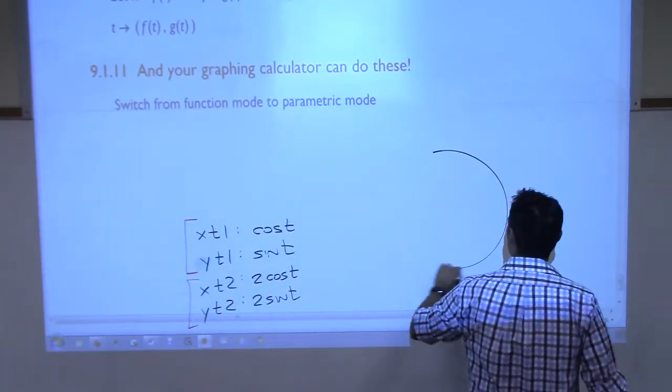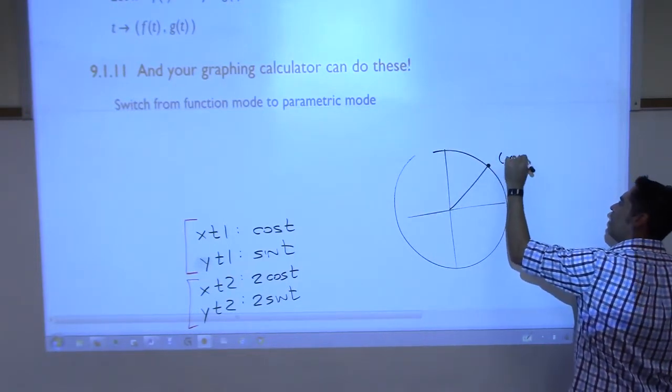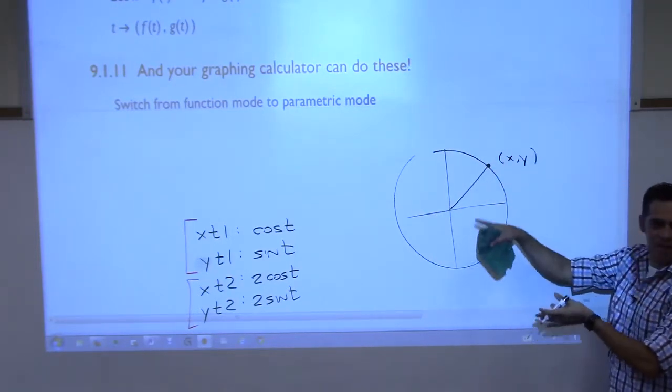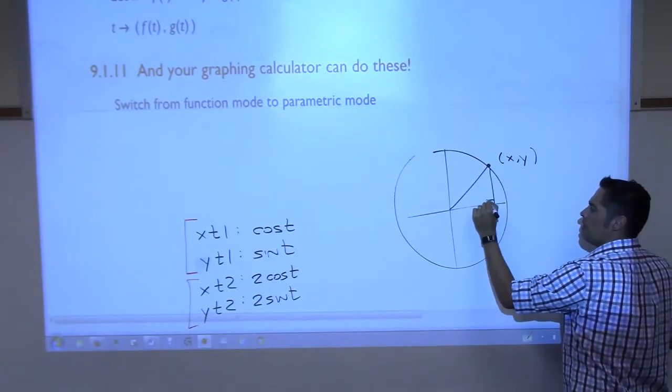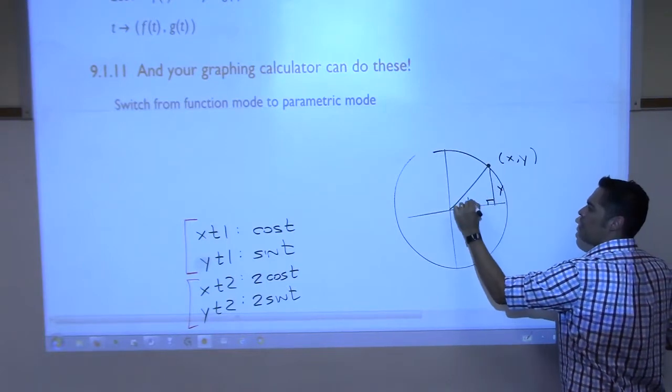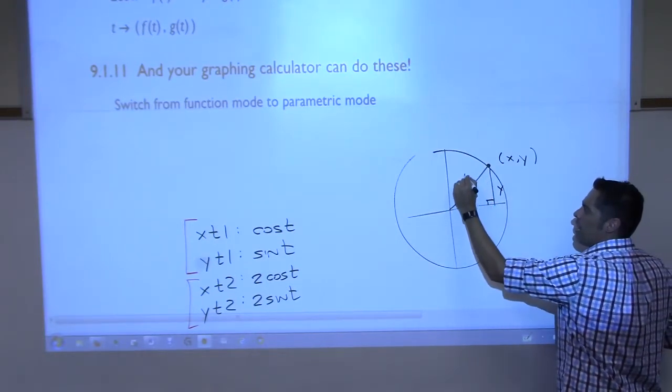Now where's that coming from? Do you remember how we did this earlier? And I said, here's a point, x, y. And I was trying to come up with, how did I come up with cosine and sine? And we said it was a unit circle where this is 1. We called this x, this y, and this right here t, and I said that was 1. Well, what if it's some arbitrary radius like capital R?